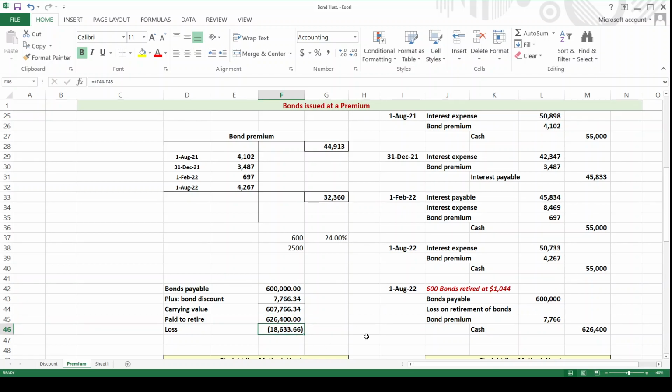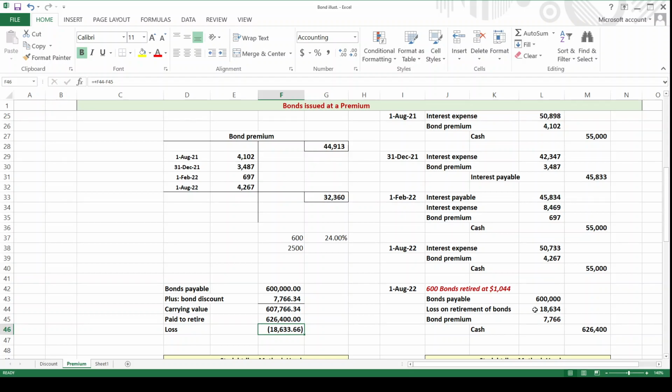We take an $18,000 haircut on the deal, yeah? And again, you could do it the old debits got to equal the credits, 18,634, which is that number.